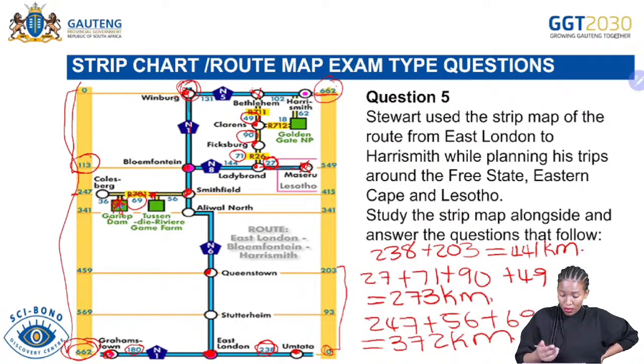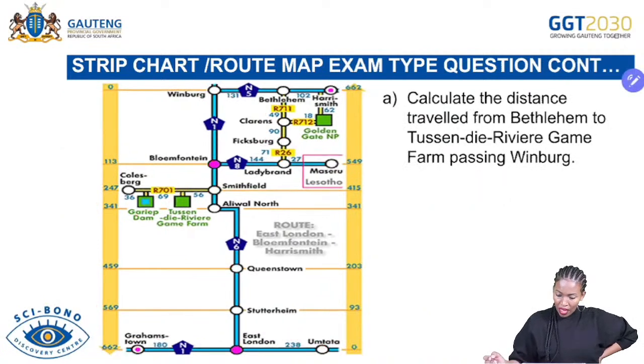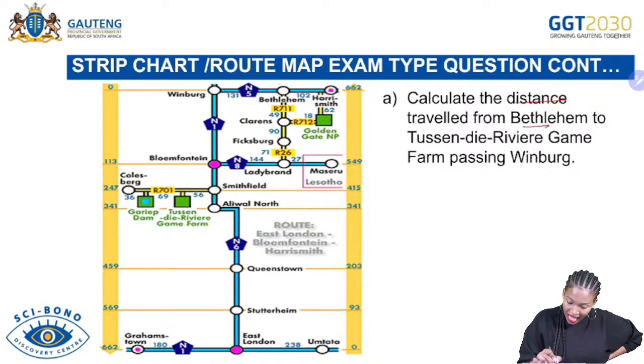Let us see the possible exam questions. The possible exam question number 1, calculate the distance traveled from Bethlehem. Guys, where is Bethlehem? This is Bethlehem. To where? To Tessenderrivier. Where is Tessenderrivier? This is Tessenderrivier. Passing where? Passing Wynberg, meaning via Wynberg.